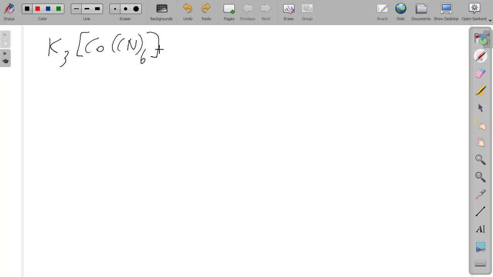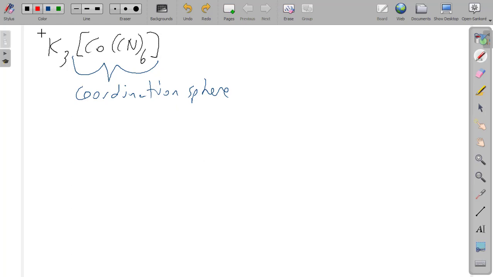So this compound, now remember, the bracket is the coordination sphere. So in the coordination sphere, that's the bracket.